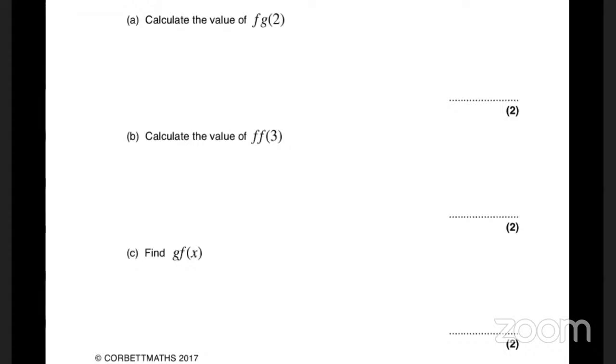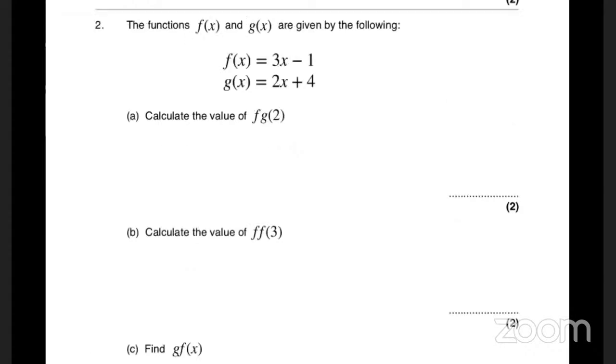All right, so let's do G2 again. So let me see what I had. I had 2x plus 1.